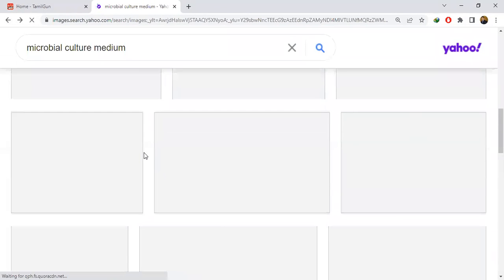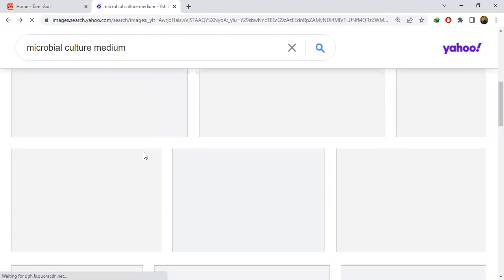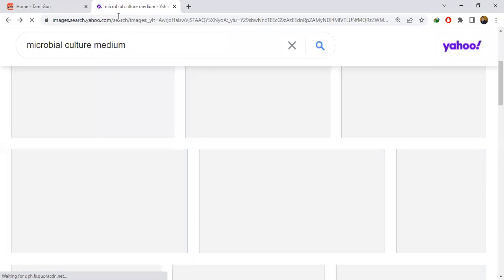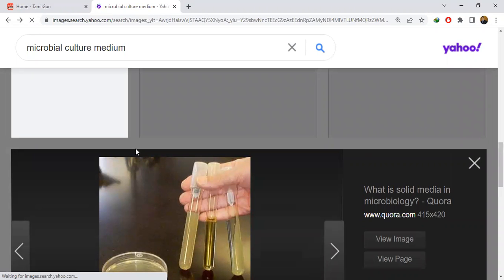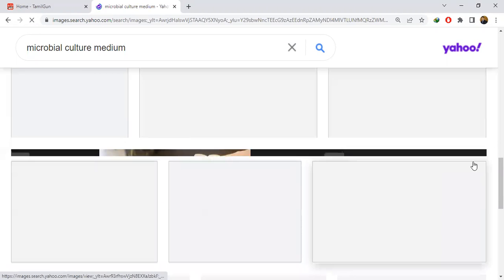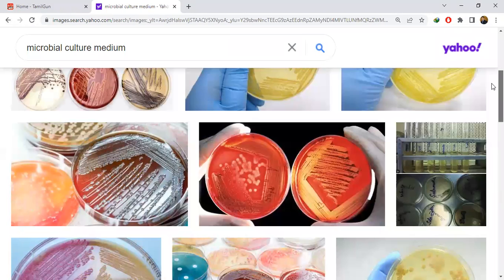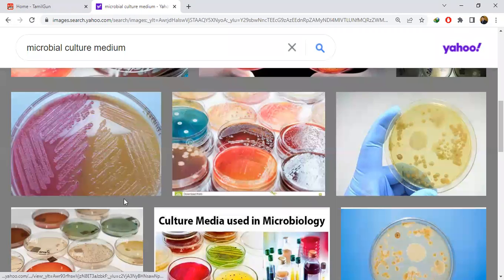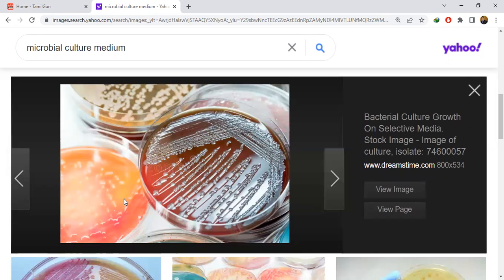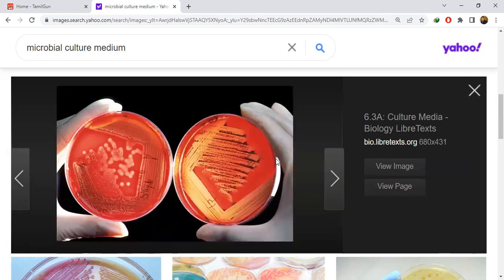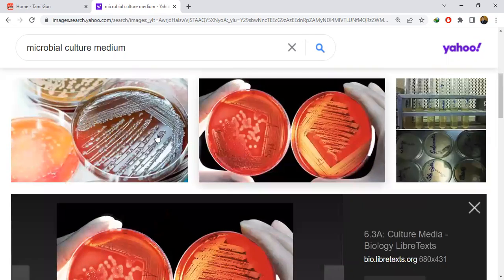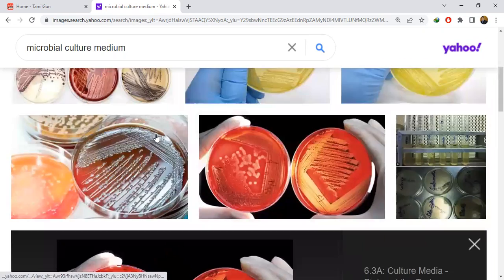When you look at the other diagrams here, you would have seen bacteria grown on it. These are the bacteria grown on the surface of the culture medium. Bacteria will grow, fungus will grow.